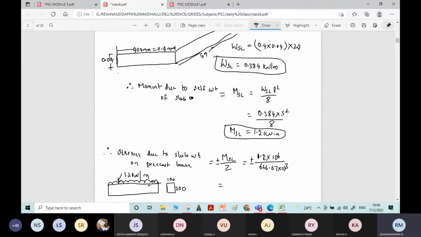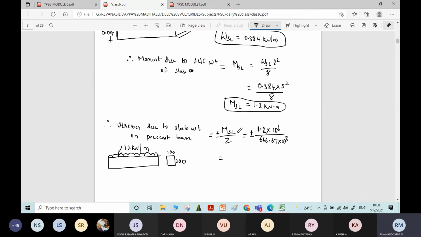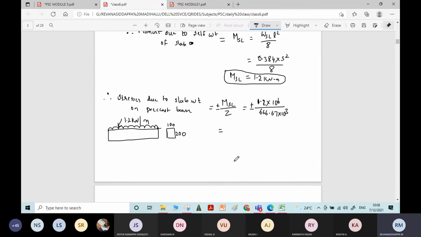Therefore, stresses on the beam will be dead load moment of slab weight divided by section modulus. What is the answer? 1.8. Plus or minus 1.8 Newton per mm square. Okay.